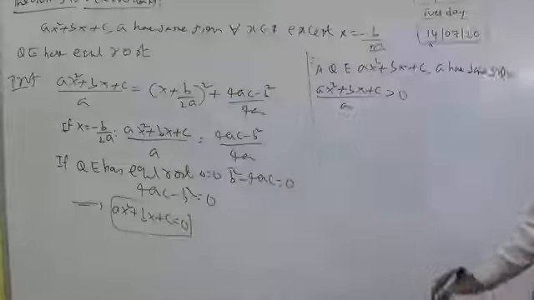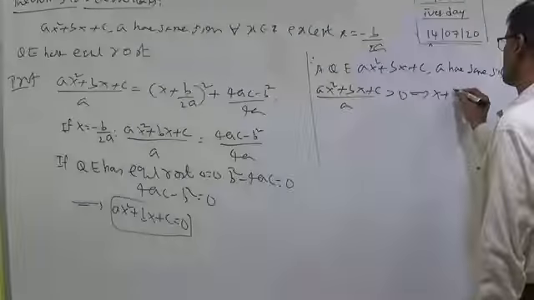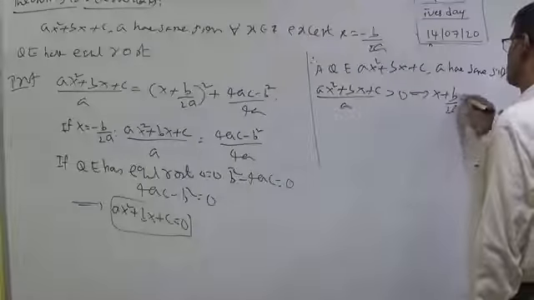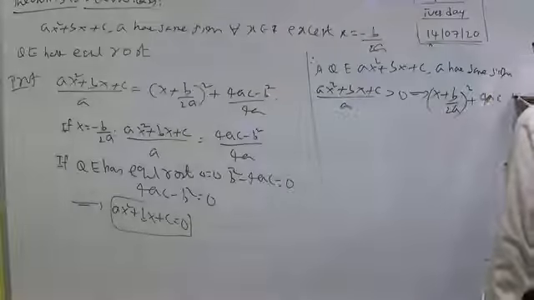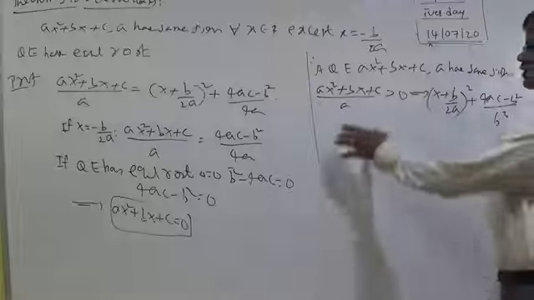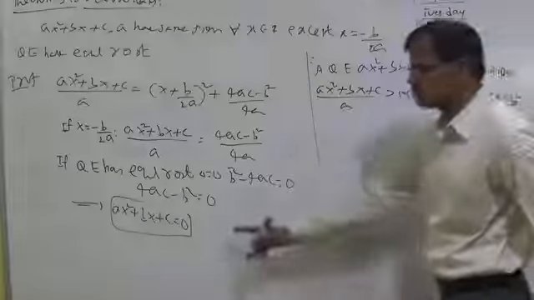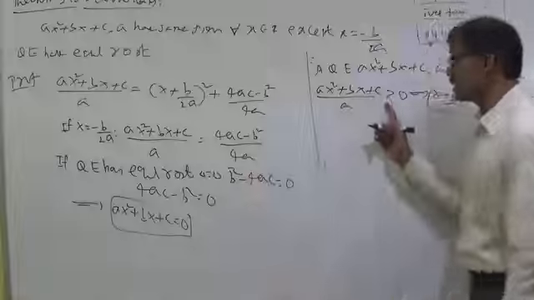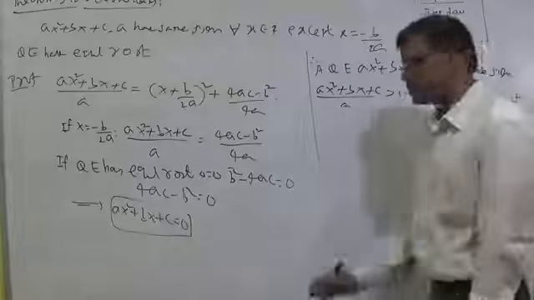That implies, as we had written in the previous sum, x plus b by 2a whole square plus (4ac minus b square) by 4a. Observe this: whenever ax square plus bx plus c by a is greater than 0, not simply equal to 0, the right side also should be greater than 0.